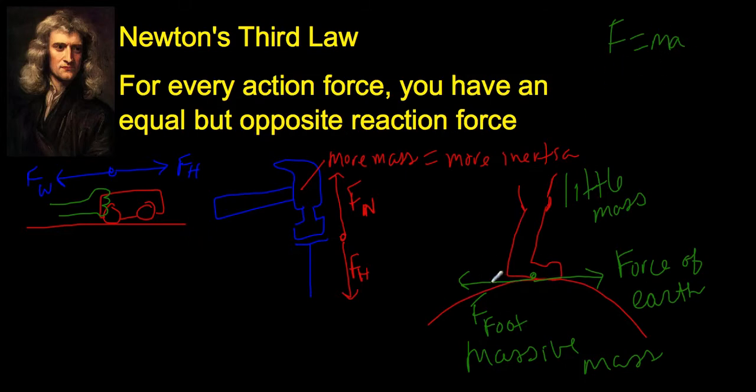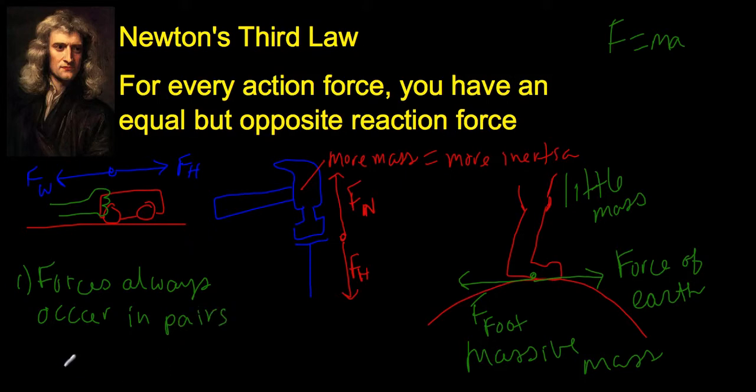But the acceleration of the earth is so tiny that we don't really notice this. So the two things that we kind of noted so far is forces always happen in pairs. And the motion that occurs from these things is usually due to a difference in inertia.